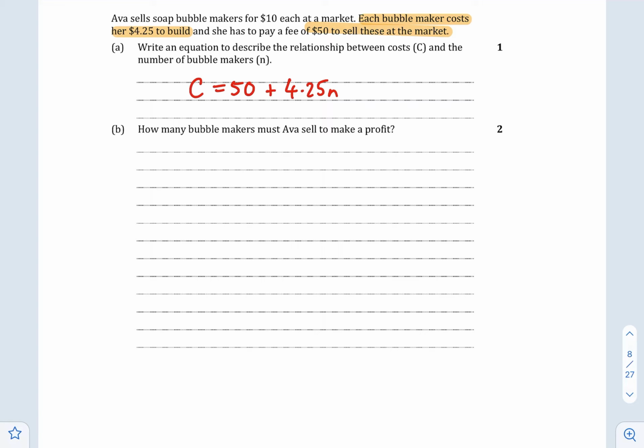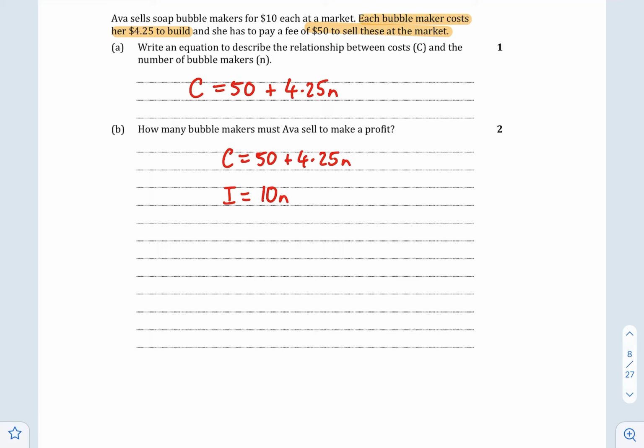So first of all, let's consider the cost. The cost we've worked out is that. But what does she earn? She earns $10 for every single one. So we'll use I for income. She gets $10 for every bubble maker she sells.